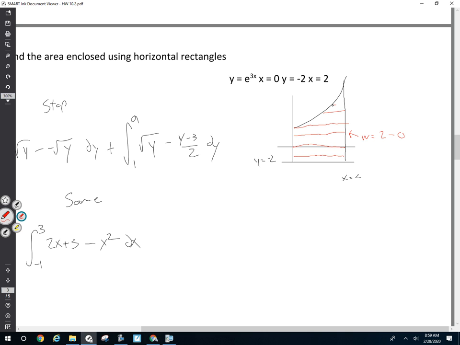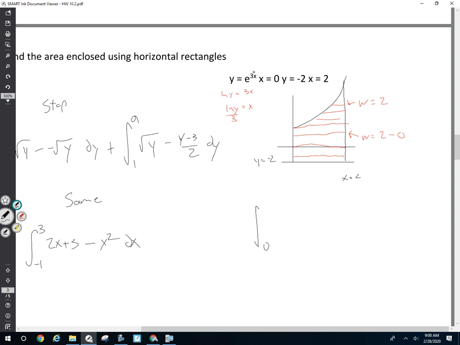But then the width of these rectangles up here will be 2, this x distance, minus this x distance from 0 to this graph, which means I need an x equals y equation coming from here. I have to take the log of both sides and divide by 3. All right, so if I were to at least construct the integrals, I'd go from 0 to, where is this intersection?